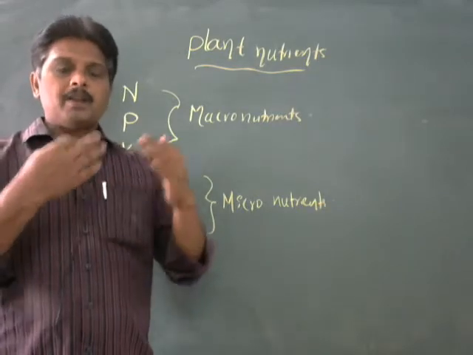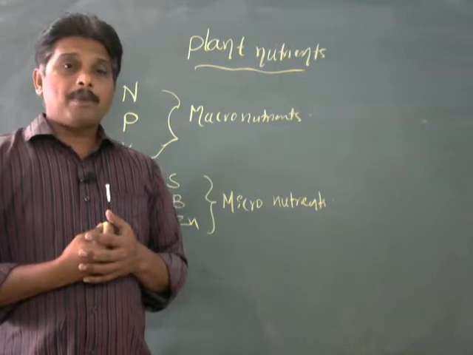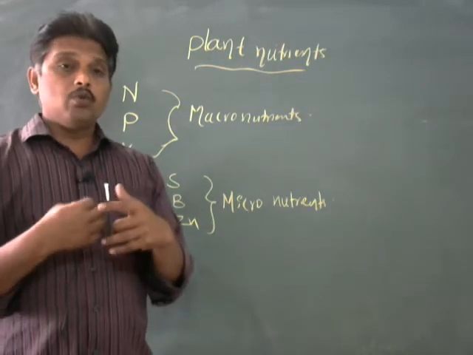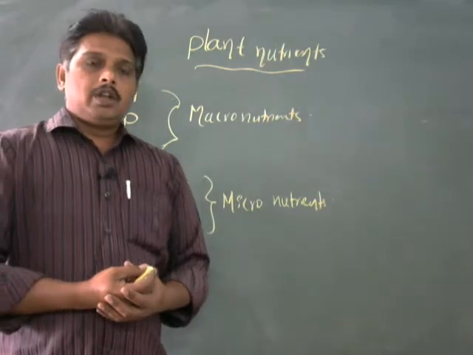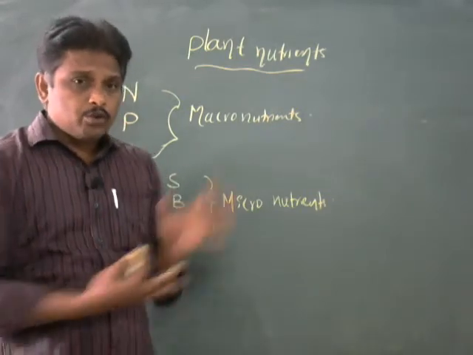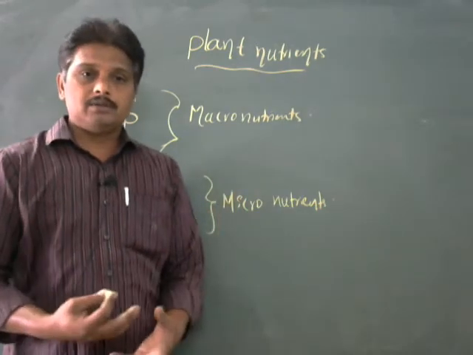We should meet the demand of that population. That is why crop plants should give more yield. If crop plants get nutrients in this way, we cannot get the proper yield.